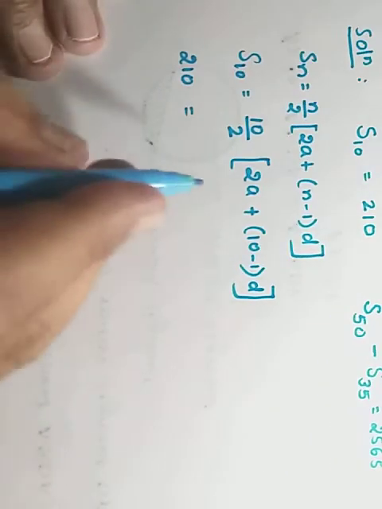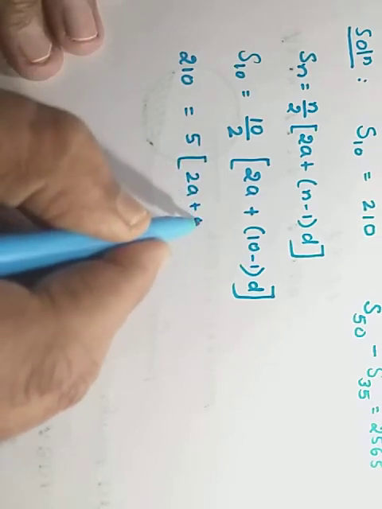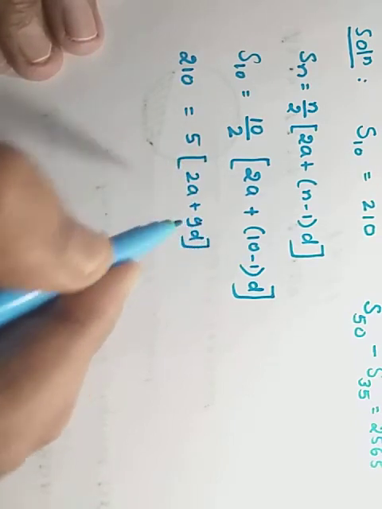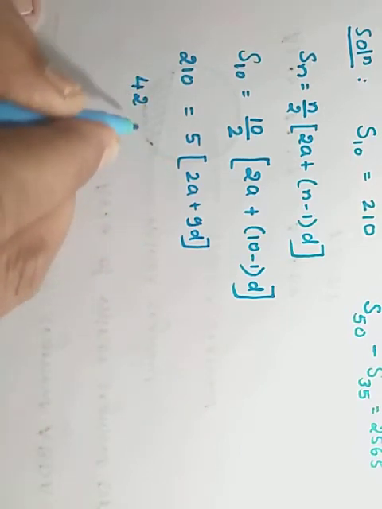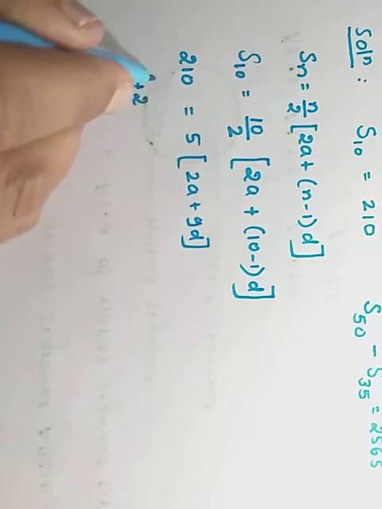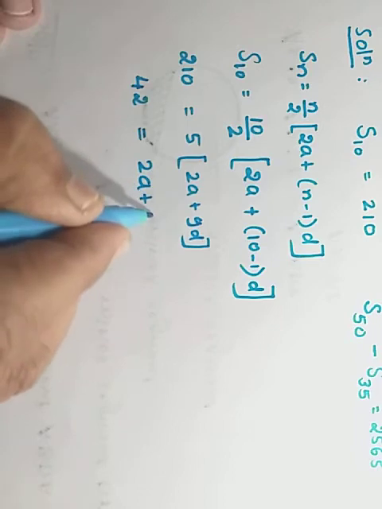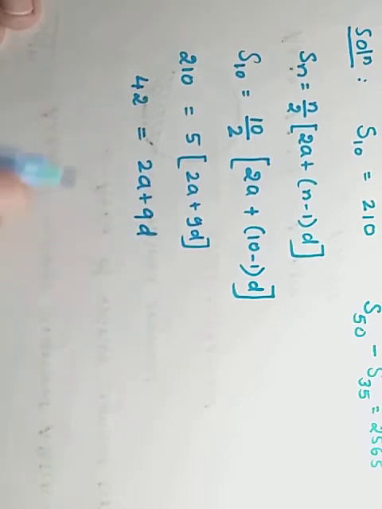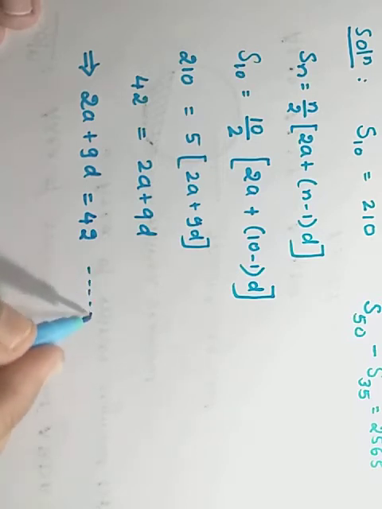This is equal to 5 into 2a plus 9d. 210 divided by 5 gives you 42, that is equal to 2a plus 9d. Finally, this implies 2a plus 9d is equal to 42. Call it equation number 1.